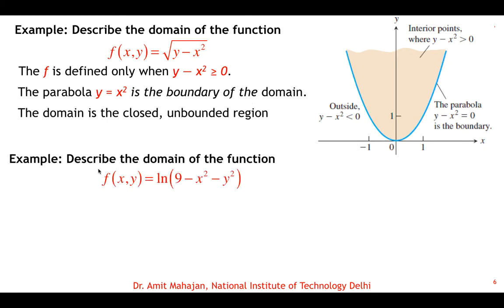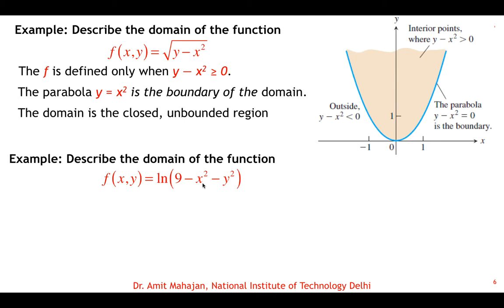Similarly, I take, for example, describe the domain of the function f(x,y) equals log of 9 minus x square minus y square. On the xy plane, the points which will be in the domain will be such that this quantity 9 minus x square minus y square is strictly greater than 0.